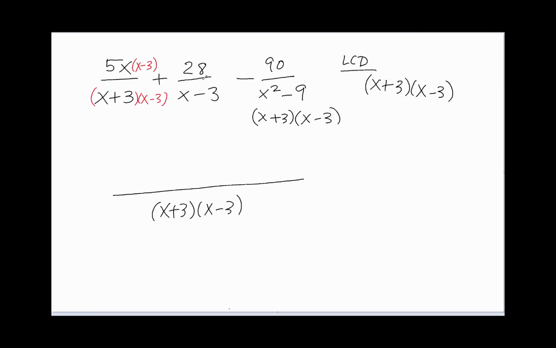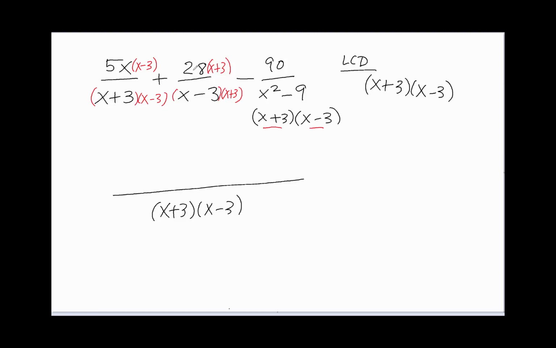The second fraction only had an x minus 3, so I've included an additional x plus 3 factor. So I'm going to put an x plus 3 in that numerator. And this last denominator has not changed. It was already (x plus 3)(x minus 3), so I don't need to do anything to the numerator since I didn't change that denominator.